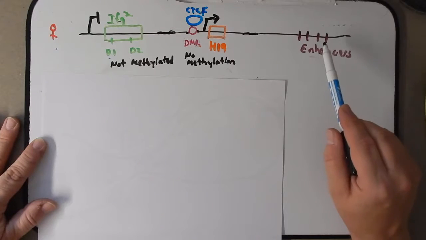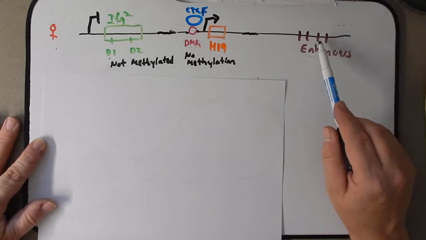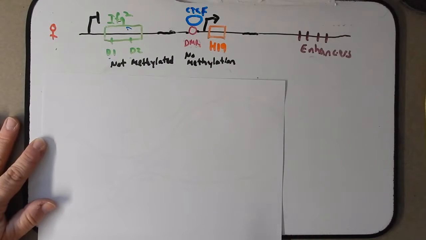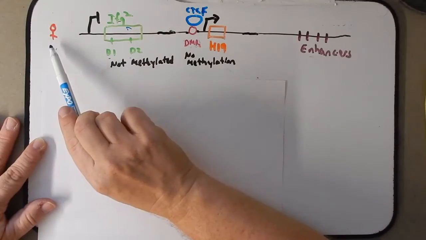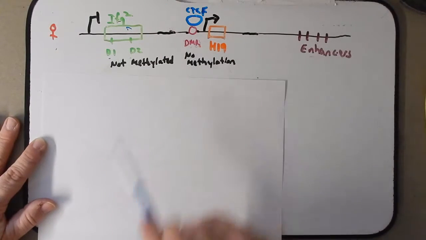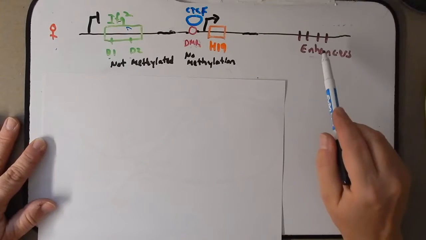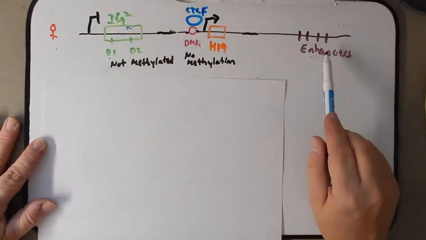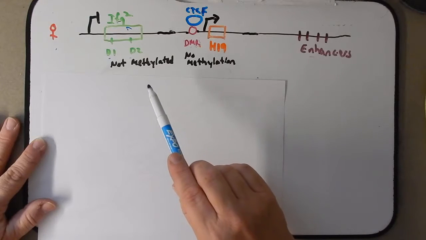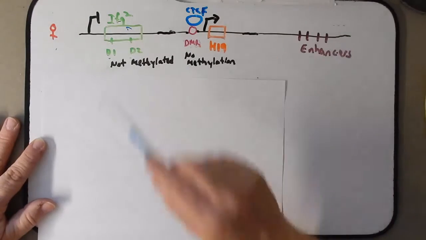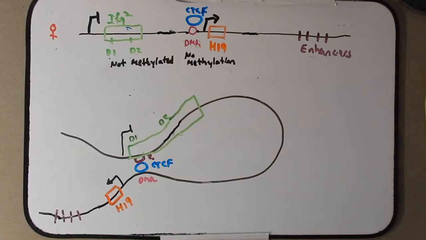Now, in this arrangement, I told you that the enhancers cannot interact with Igf2. In another slide, I told you that in the maternal source, DMR1 interacts with the DMR. So if we draw the loop with the enhancers, we'll be able to see how they are unable to affect Igf2 expression.